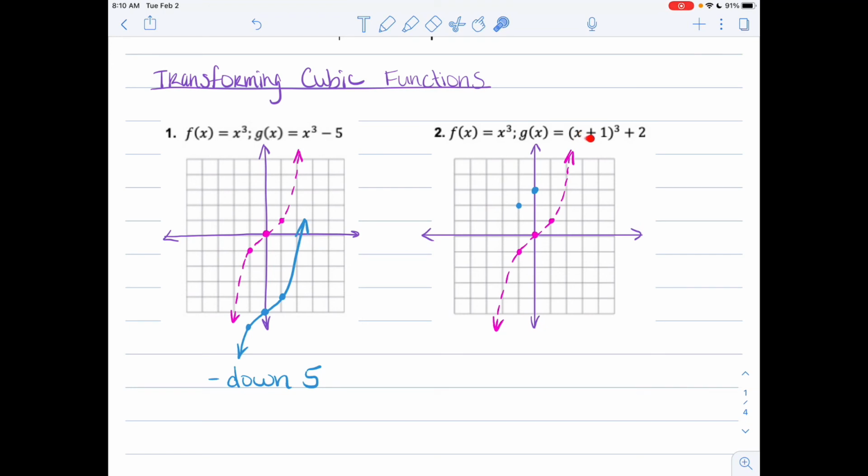If I plug in a negative 2 here, overall I'll have a negative 1 to the third power, still negative 1, plus 2, that's going to be a plus 1. And so I can draw my graph something like this. So we can see that this point that was at the origin has moved to the left by 1, and it has moved up 2. So left 1 and up 2.